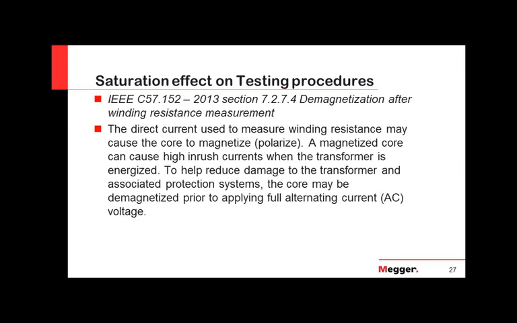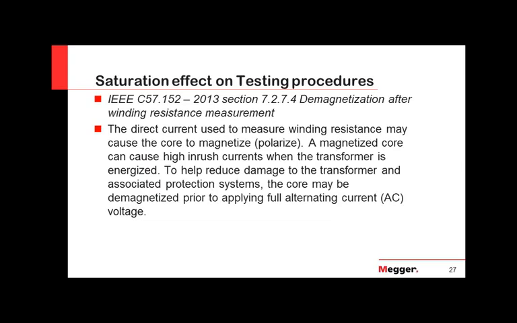Now we have section 7.2.7.4, demagnetization after winding resistance measurement. So we have direct current that is being used to measure the winding resistance in order to magnetize the core. When we're magnetizing the core, we are canceling the flux variation, the rate of change of flux.